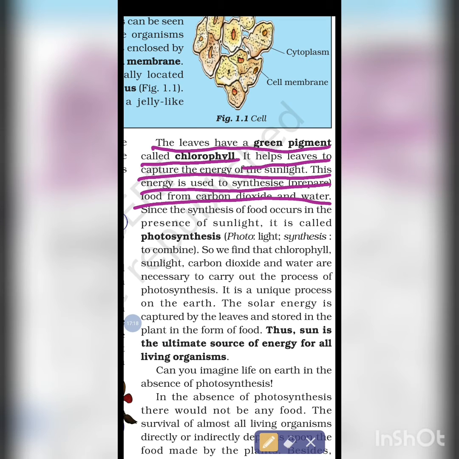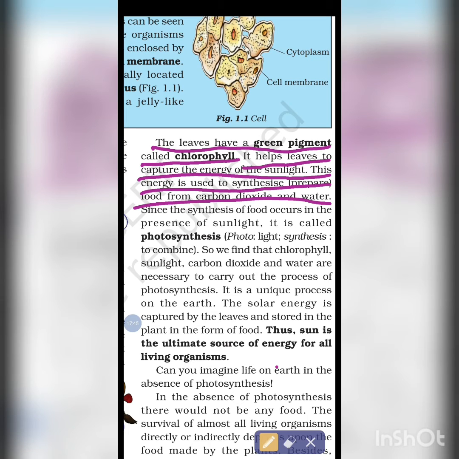Now the question is what is the function of chlorophyll in leaves? Its answer will be it helps leaves to capture the energy of the sunlight. This energy is used to synthesize, prepare food from carbon dioxide and water. Synthesize means prepare.